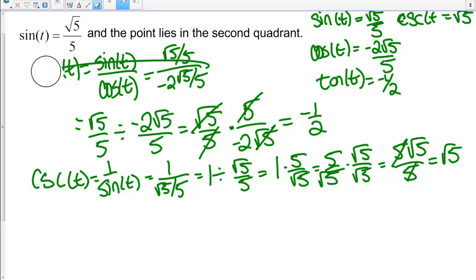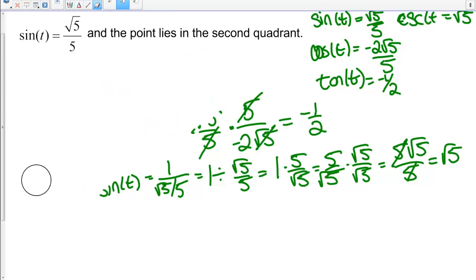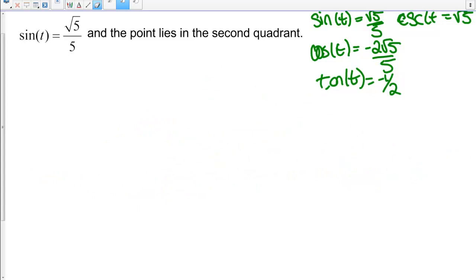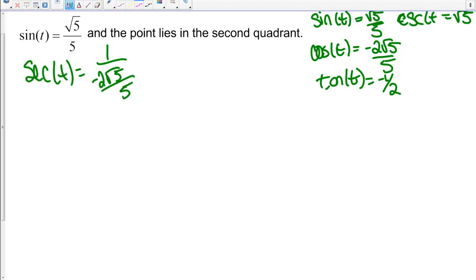Next we have the secant. So secant is 1 over cosine. So secant of t is 1 over negative 2 square root of 5 over 5. So 1 divided by negative 2 square root of 5 over 5, which gives me 1 times 5 over negative 2 square root of 5.